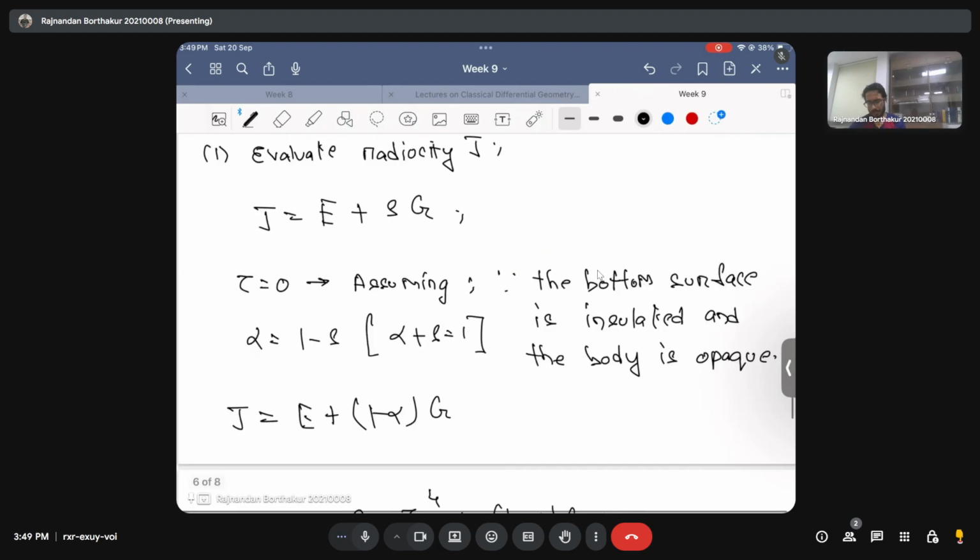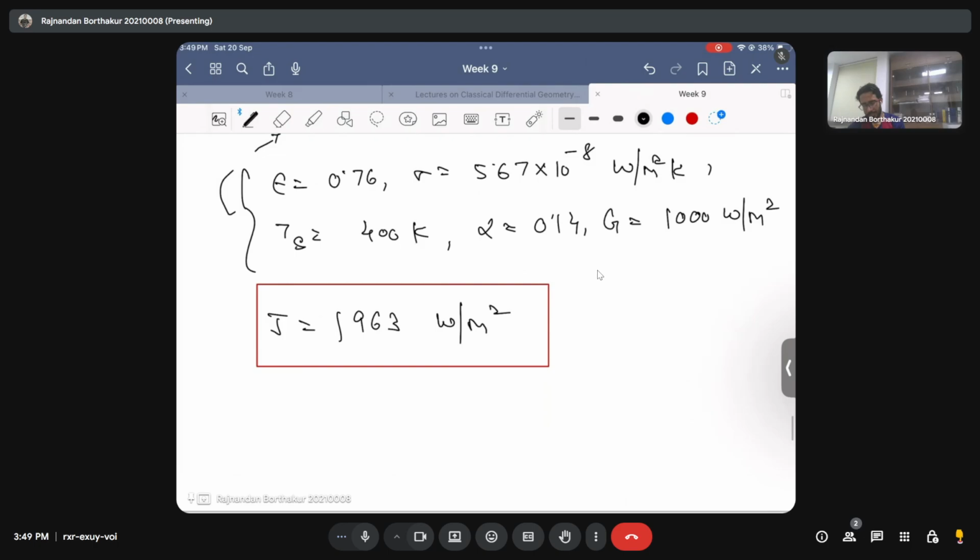All right. So the second part is now rather straightforward because they are asking us to evaluate the net radiation flux, which we denoted by q double prime rad. This is just J minus G that we just now established.